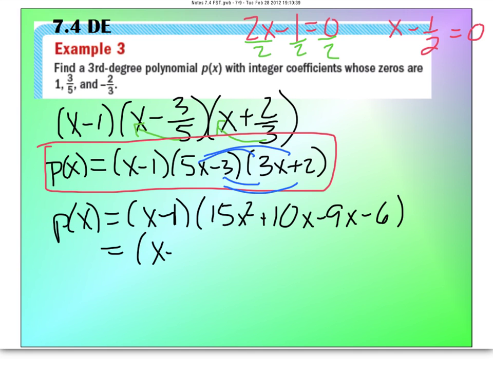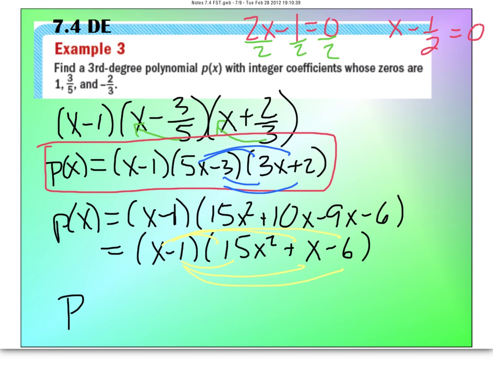That'll simplify to x minus 1 times 15x squared plus x minus 6. Then to wrap this up, all I need to do is multiply those there, multiply this here.